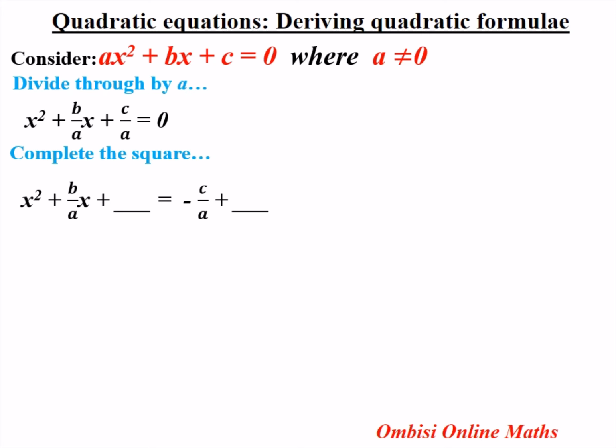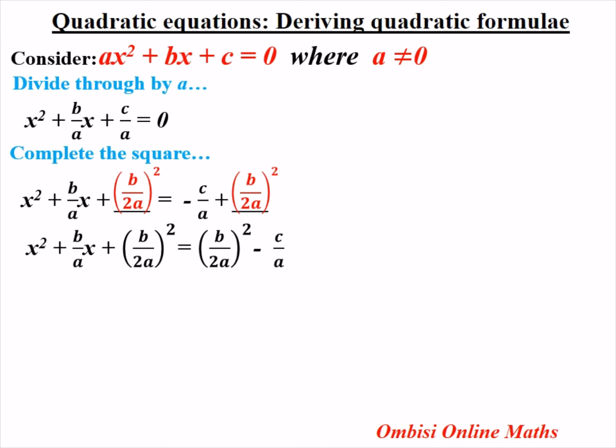So you take half of the coefficient, then you square it. Half of it is b over 2a, and when it is squared, you add it on the left hand side to complete the square, and also on the right hand side. So you have x squared plus b over a x plus b over 2a squared equals b over 2a squared minus c over a.